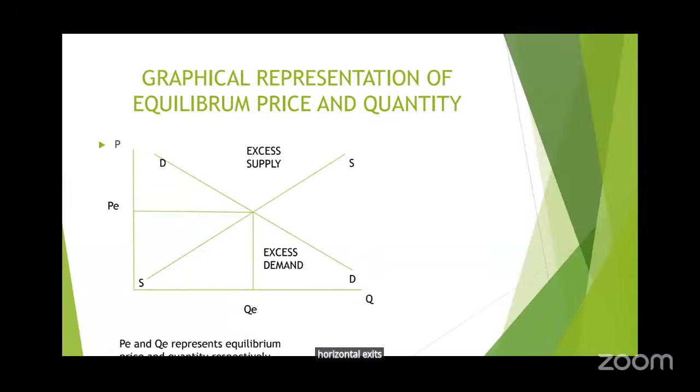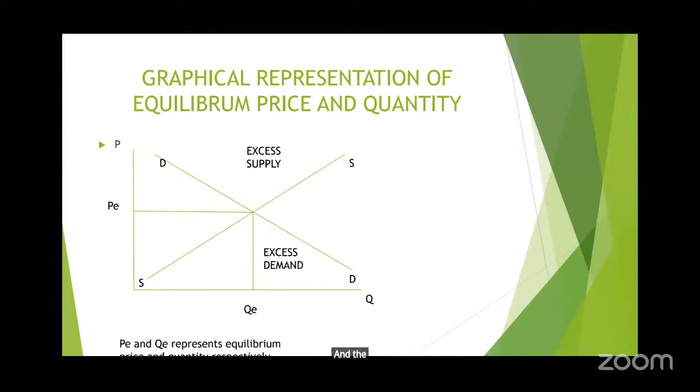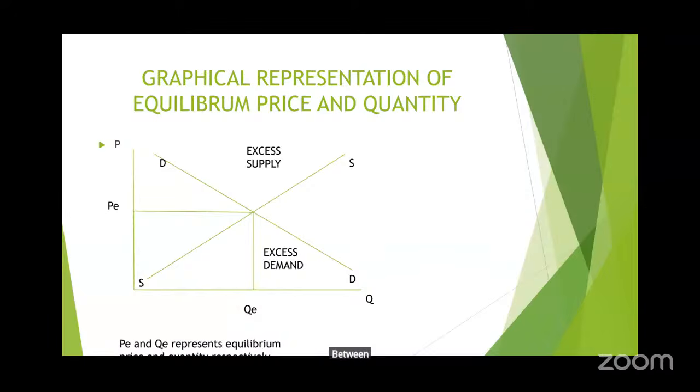So you have your price there being represented, and you have the quantity demanded and supplied. The price there is PE, that's the equilibrium price, and QE is the equilibrium quantity. Now, what are we saying here? The equilibrium price and quantity are determined at the point of intersection between demand and supply.